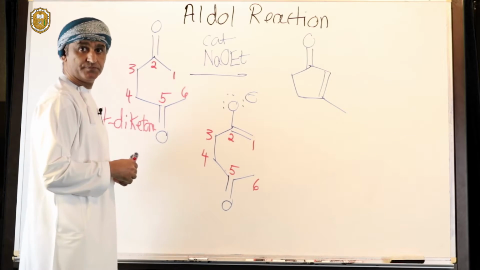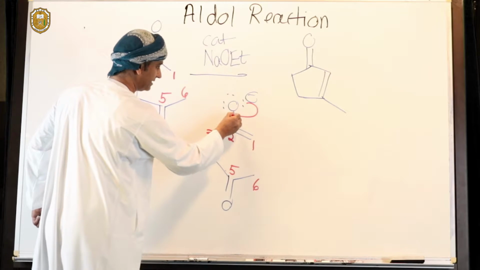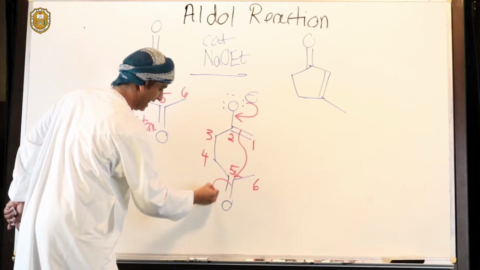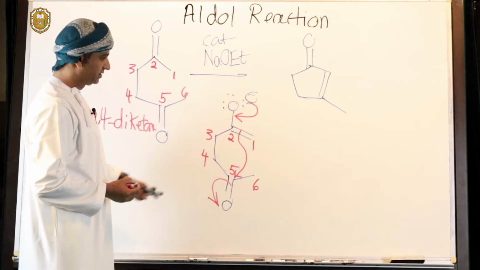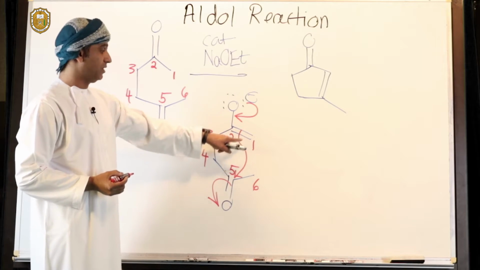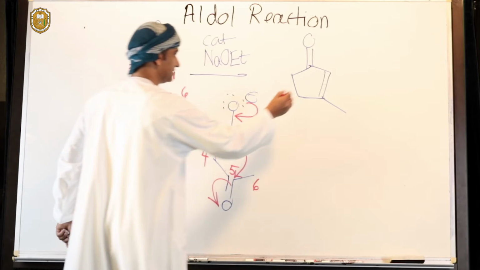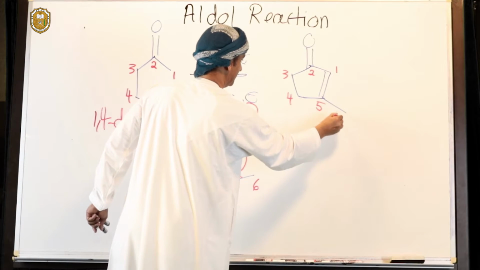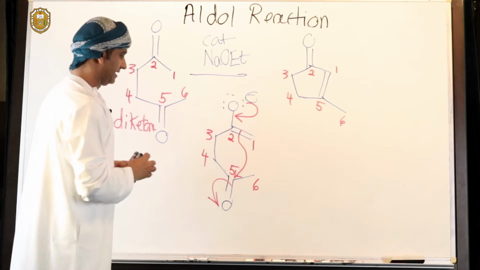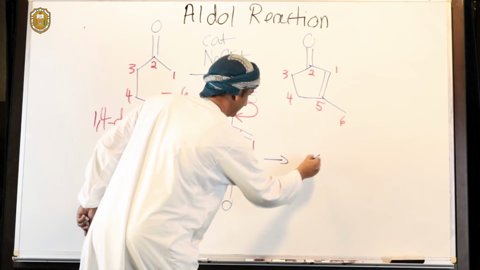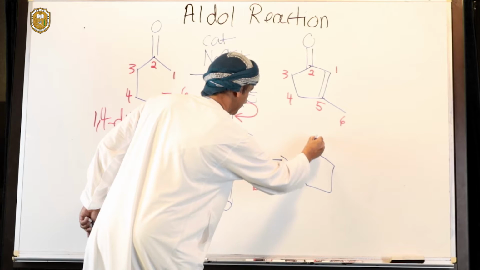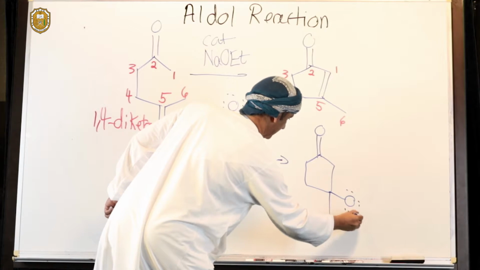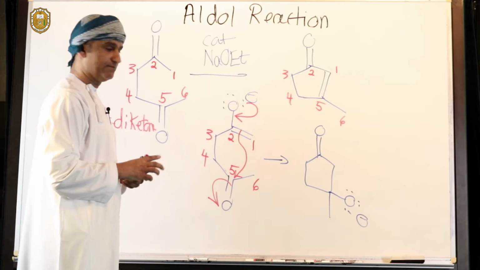So now the enolate that is formed should undergo nucleophilic addition, or Aldol reaction, on the other ketone. So the new bond will be between carbon number 1 and carbon number 5. So this should be 1, 2, 3, 4, 5, and obviously 6. Initially, a beta alkoxy carbonyl compound is obtained.